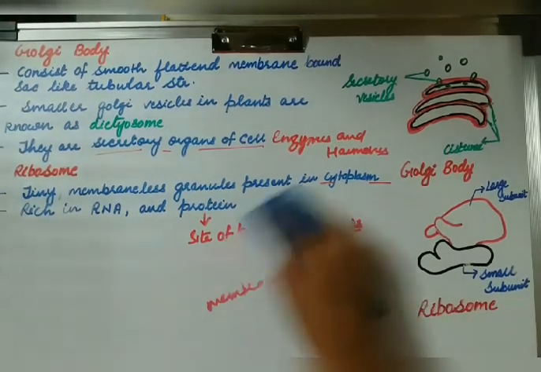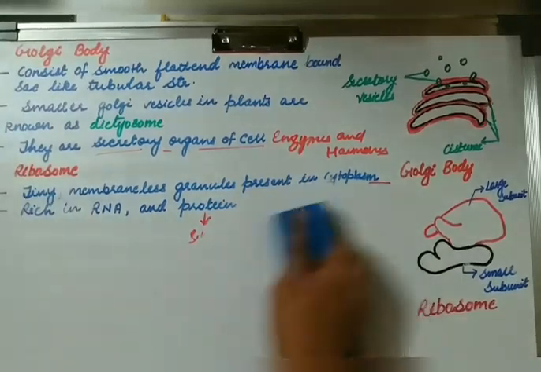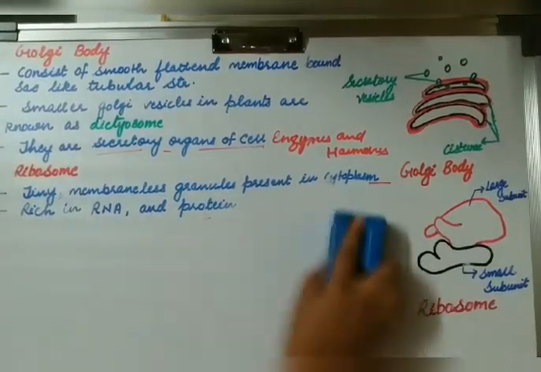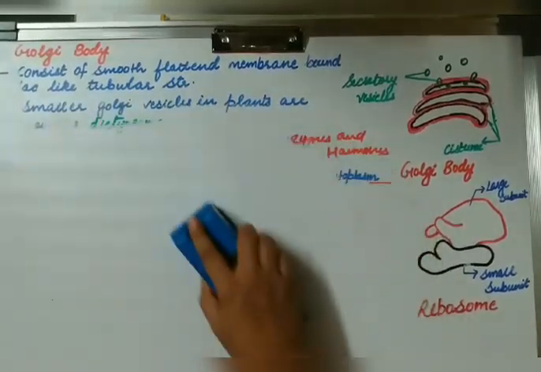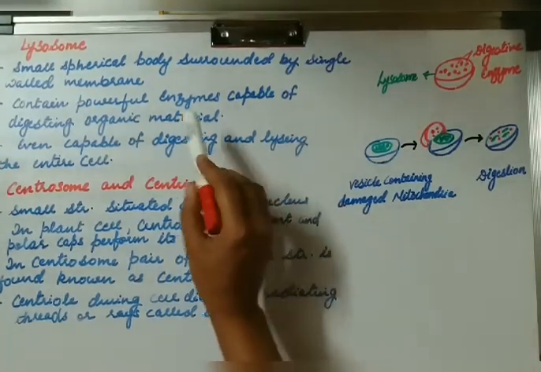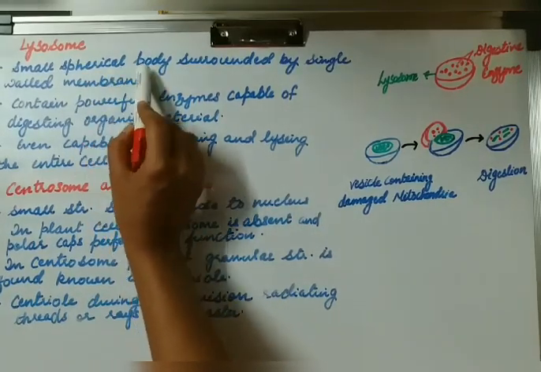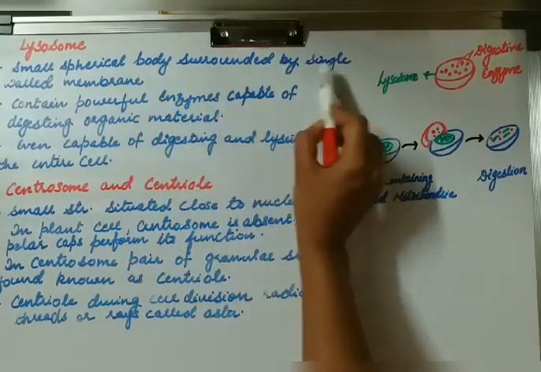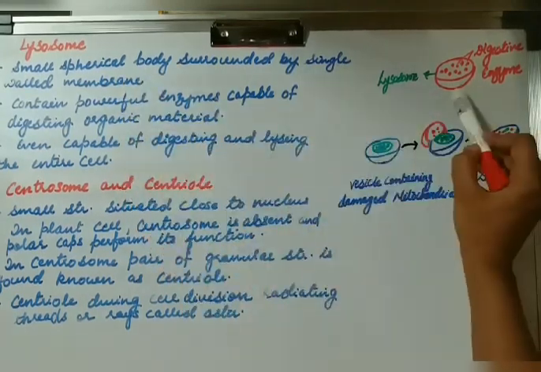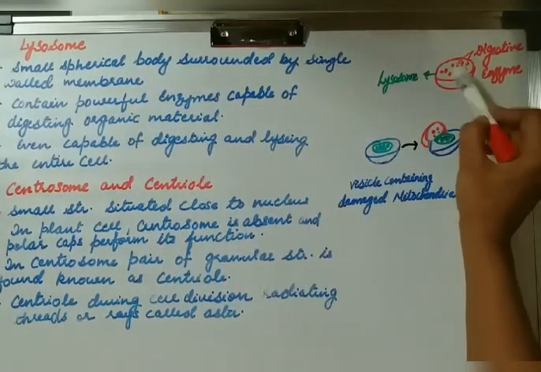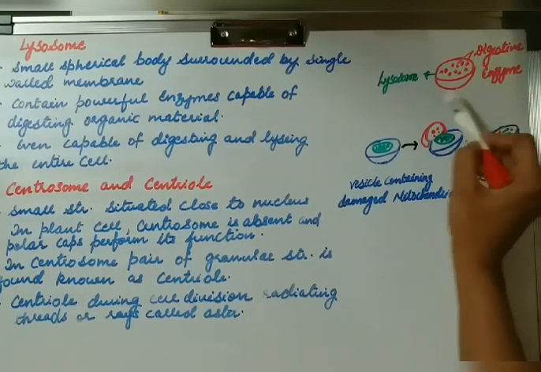Now we will move on to another one, that is our lysosome, the fifth organelle. Lysosomes are basically small spherical bodies surrounded by a single-walled membrane.